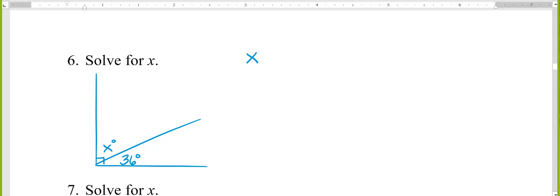X plus, add both of the angles up. X plus 36 is going to equal 90 degrees because they're complementary. We're going to subtract 36 from both sides.